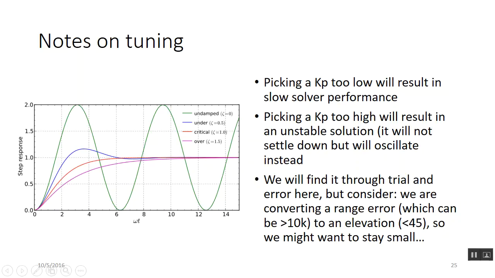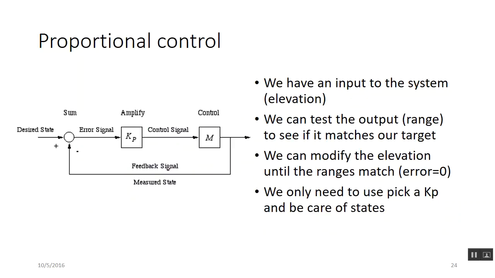But let's just think for a second about KP, being aware of what we're doing. If we go back here, what we want is a particular range, right? And what we're controlling is a particular elevation. So in a sense, we're converting a range to an elevation angle.